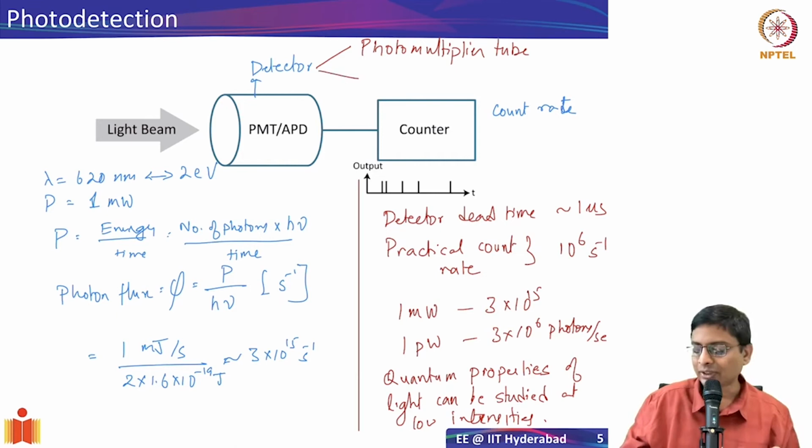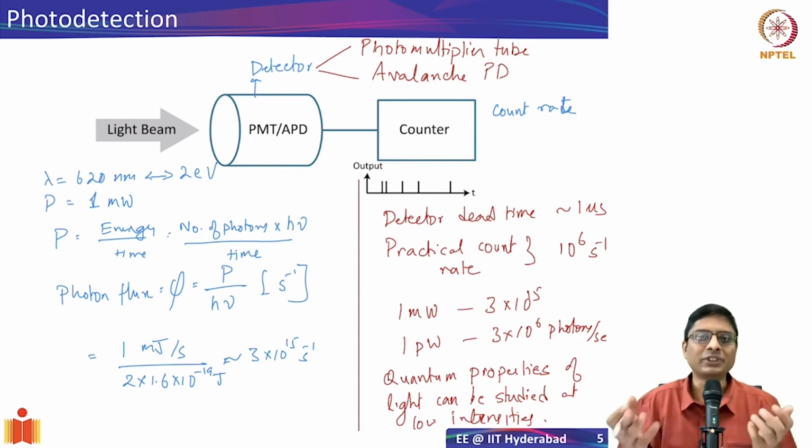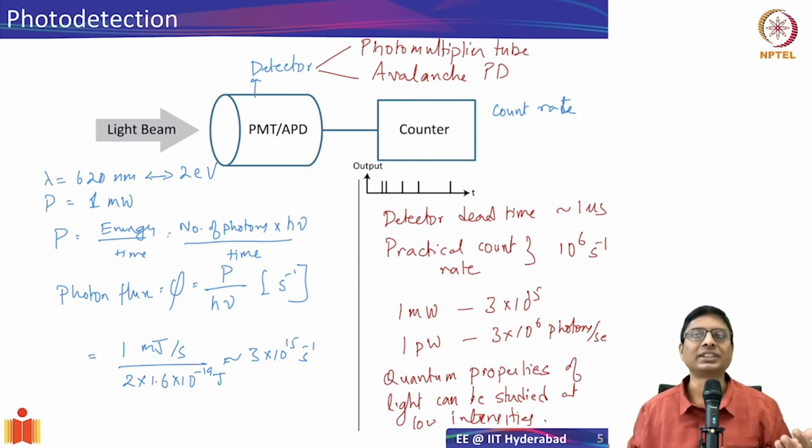The other class is known as avalanche photodiodes. These are reverse-biased junctions, and when you shine light they create electron-hole pairs, and those electron-hole pairs accelerate because of high voltage and create secondary electrons and so on. Eventually you generate a large enough pulse. Because that avalanche process takes time, you're going to have a certain dead time associated with the detector. It can't immediately detect.